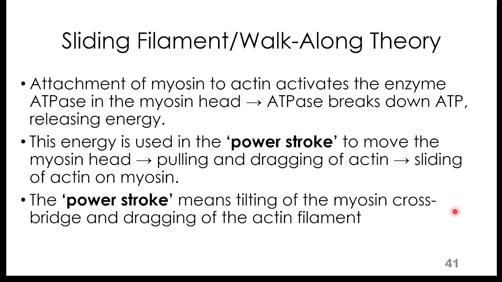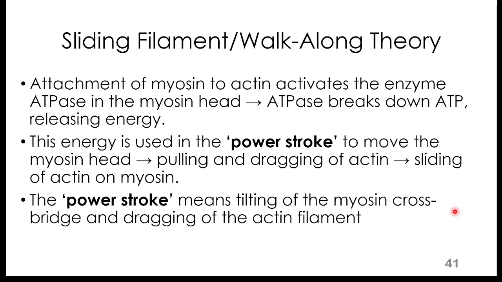All right, so the first thing for contraction to happen is that calcium will bind to troponin C, and that will cause some changes that will result in the tropomyosin that was blocking the binding sites on actin, to which myosin will bind, moving out of the way, and this will allow myosin to bind to actin.